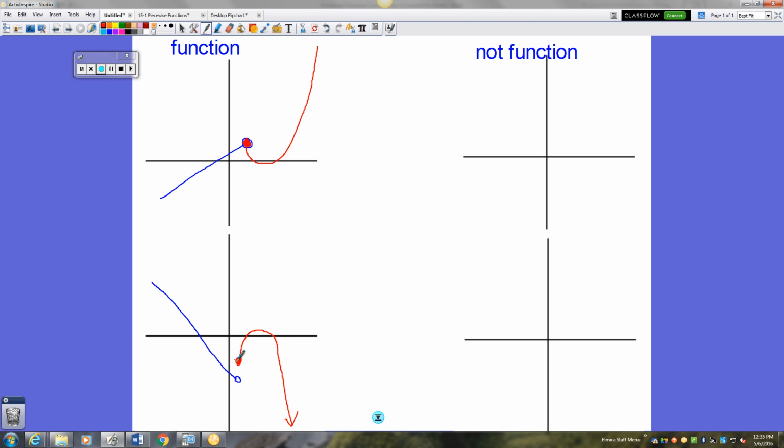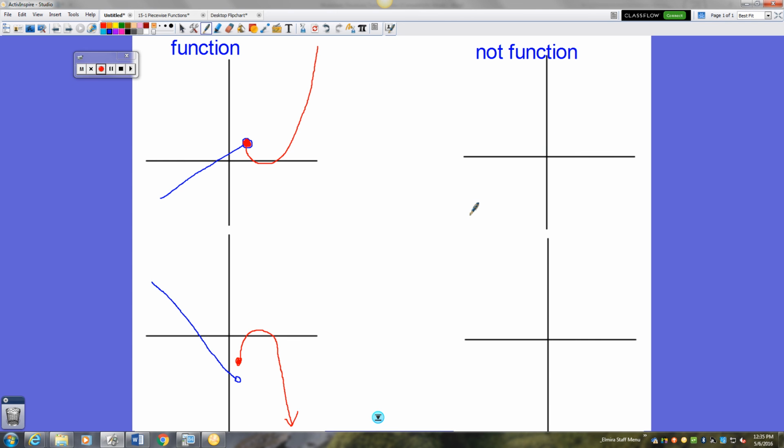That's okay. They may not touch. That's still a piecewise function. So sometimes they touch, sometimes they don't, okay? One colored in, one not. Actually, to be honest, this could be colored in blue and red because they're the exact same point, and it still technically passes the vertical line test.